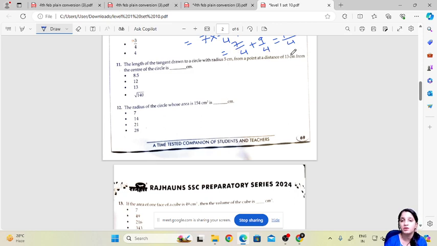Then the length of the tangent drawn to a circle with radius 5 cm from a point at a distance of 13 cm from the center of the circle is, okay. The radius is 5 centimeter and the distance from the center is 13 centimeter.